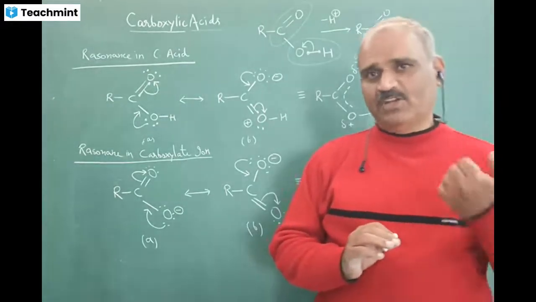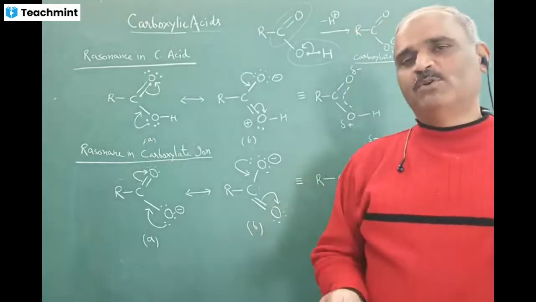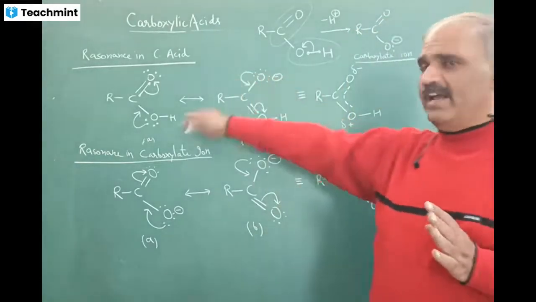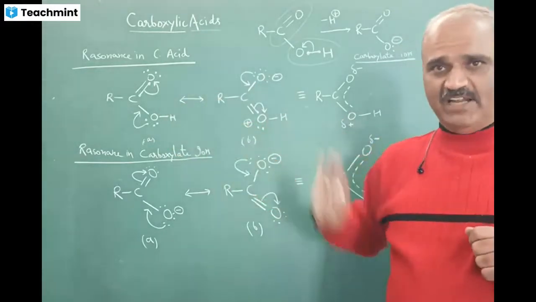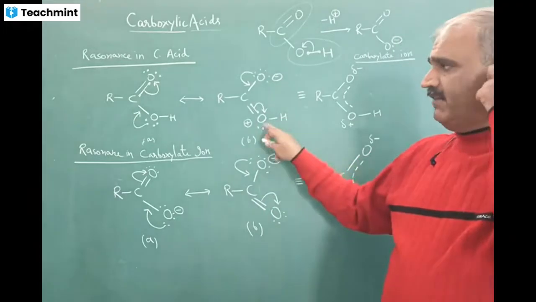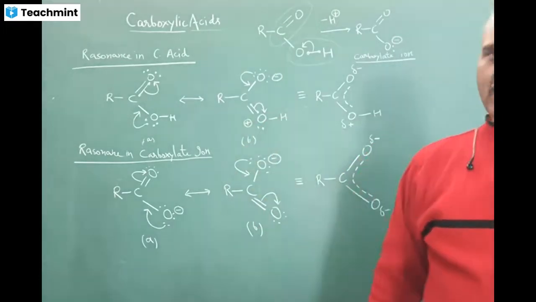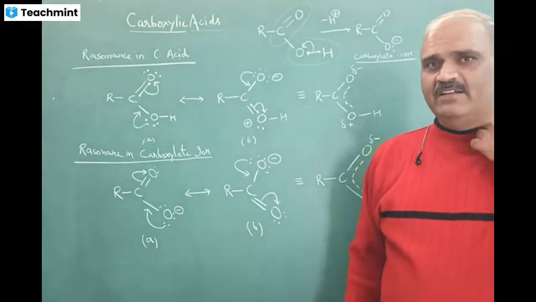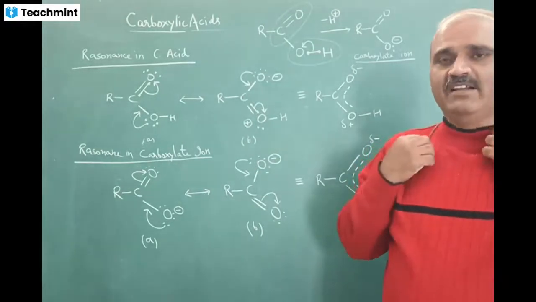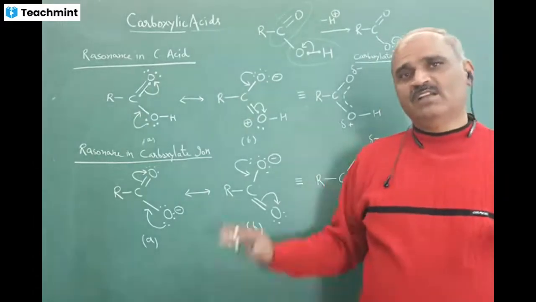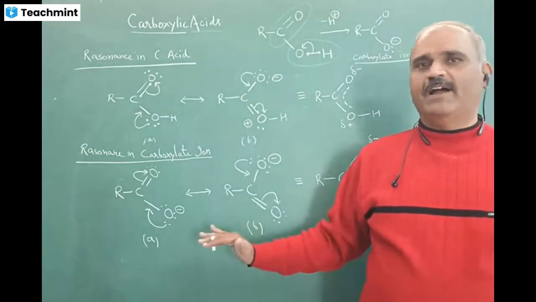When structures are more equivalent, they provide more stability. So, इसकी ऑब्जेक्शन क्या है कि एक तो स्ट्रक्चर्स इक्विवेलेंट नहीं है. दूसरी प्रॉब्लम क्या है कि O इलेक्ट्रोनेगेटिव है बट उसके ऊपर पॉजिटिव चार्ज है. So therefore, resonance in carboxylic acid is providing less stability as compared to resonance in carboxylate ion.